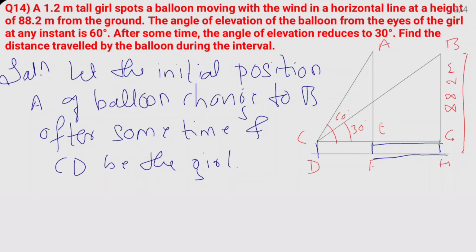And look at the figure. Here we have two right triangles. One is ACE and another one is BGC. So in these two triangles, first I will consider ACE.